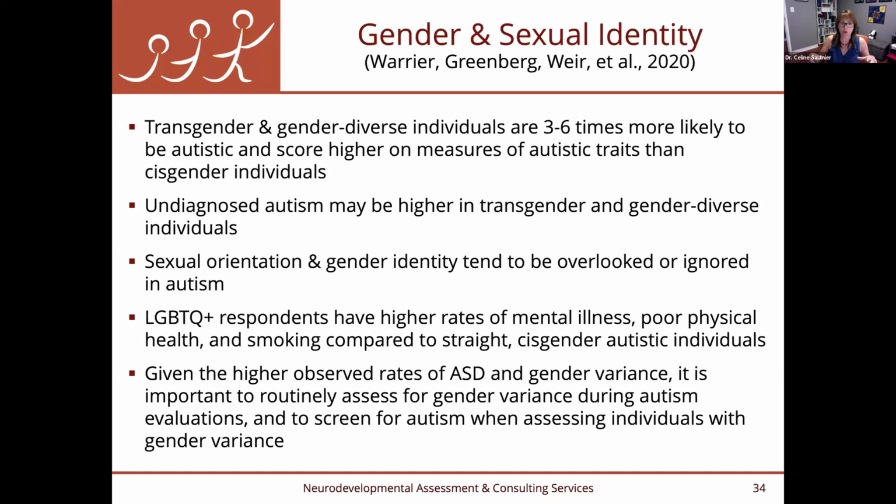It's become such an increase right now that, as a clinician, every time I do a diagnostic evaluation with anyone of age who I feel has the capacity to talk about their gender and sexual identity, I include those questions in my diagnostic interviews, because I want to know if any of those factors are muddying the waters. For example, whether someone's gender dysphoria is causing anxiety versus limited social competencies.